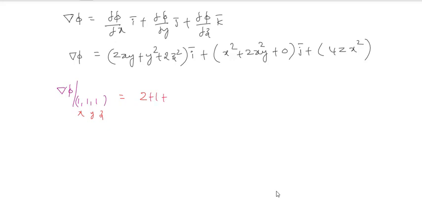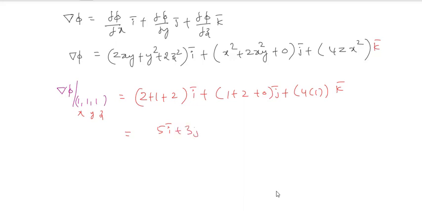So 2 plus 1 plus 2 into i bar plus 1 plus 2 plus 0 into j bar plus 4 into 1 into k bar. So now we have 5i bar plus 3j bar plus 4k bar.